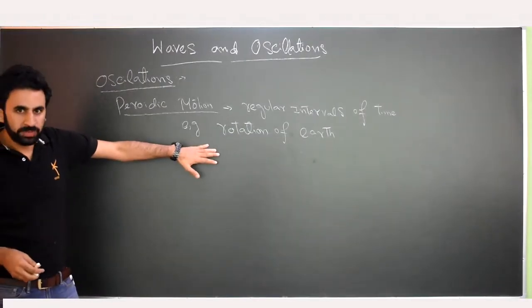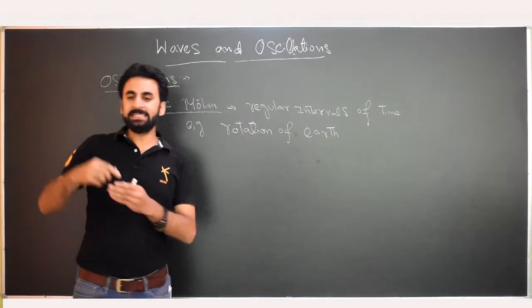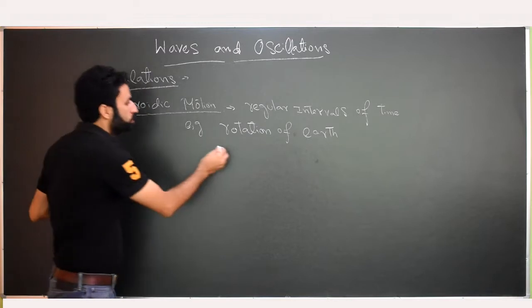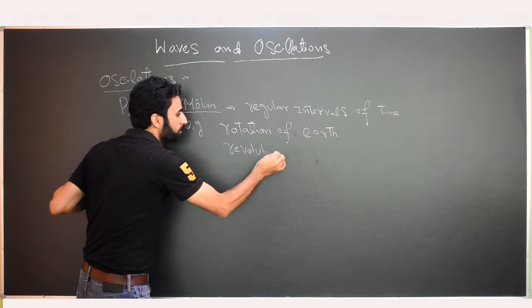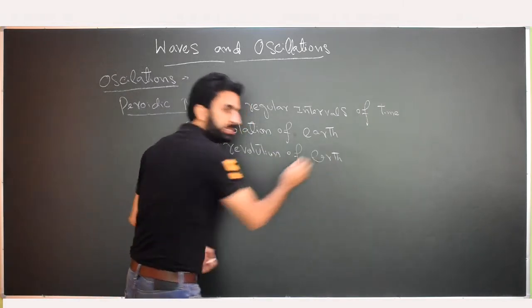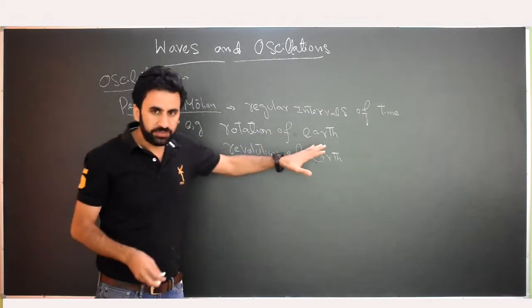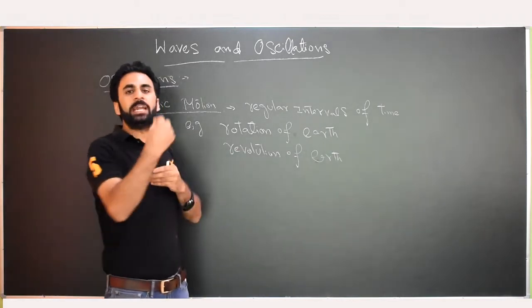One is rotation of Earth around its own axis, and the second is revolution of Earth around the Sun.